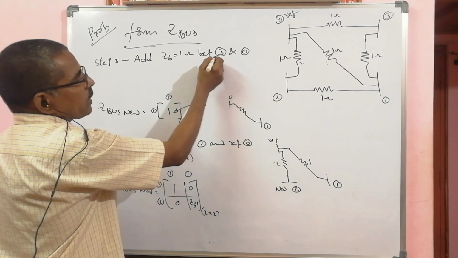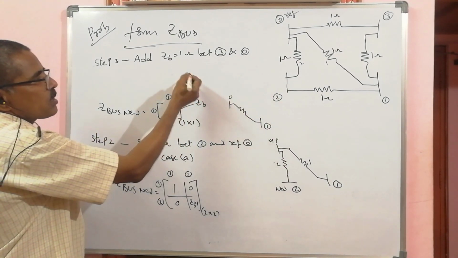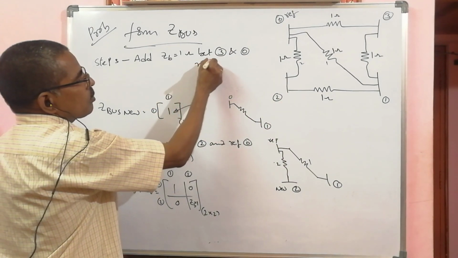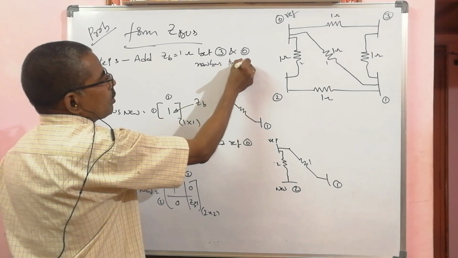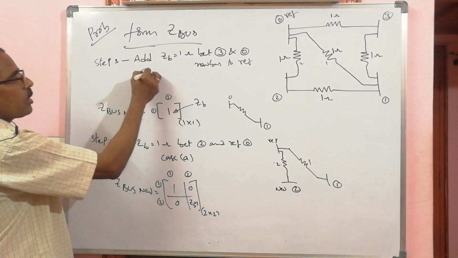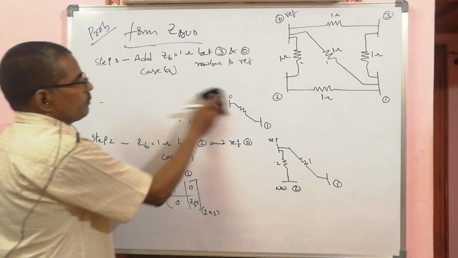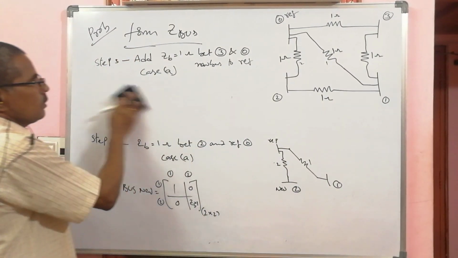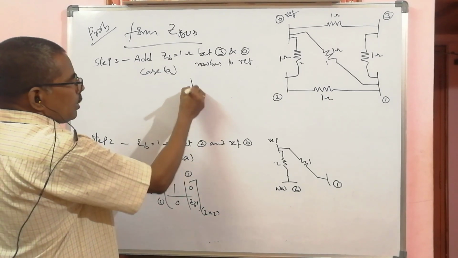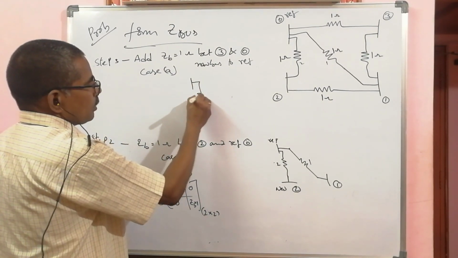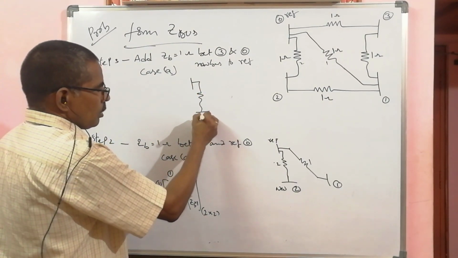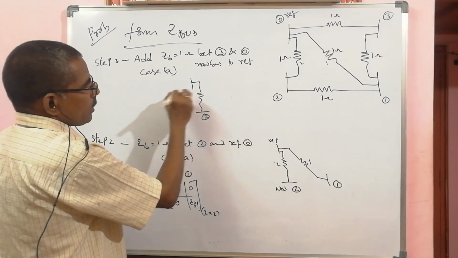So 3, P is 3. New bus, you are adding new bus. So new bus to reference. So this is also case A only. In this, now second bus is old because already added.